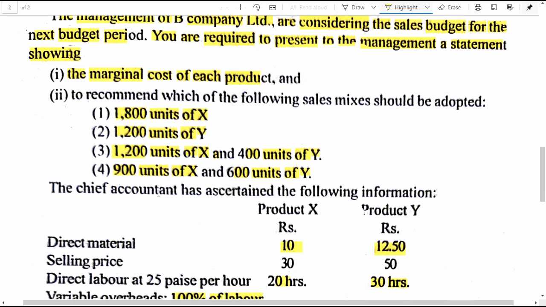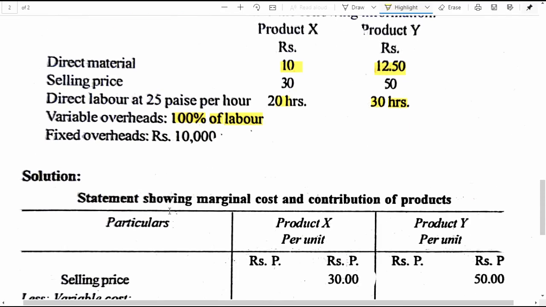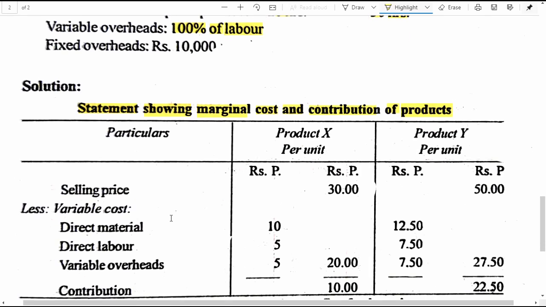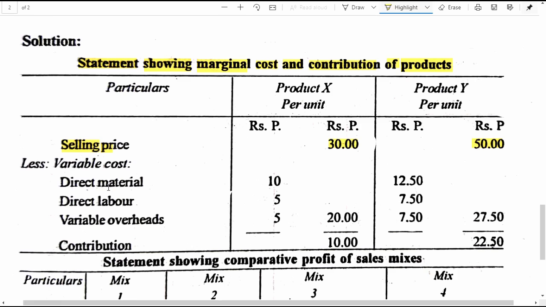So let's start with the preparation of a statement showing contribution margin per unit of product X and per unit of product Y as well. Now selling price for X it is 30 rupees per unit, for Y it is 50 rupees. Then regarding variable cost, there are 3 elements of variable cost given in the problem. One is direct material, other one is direct labor and the third one is variable overhead.